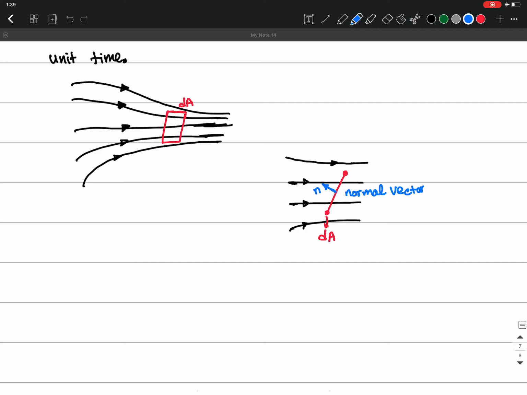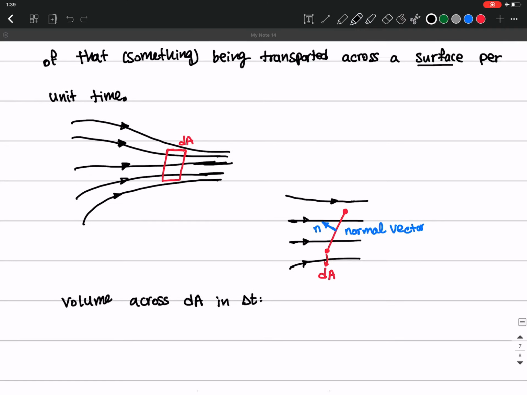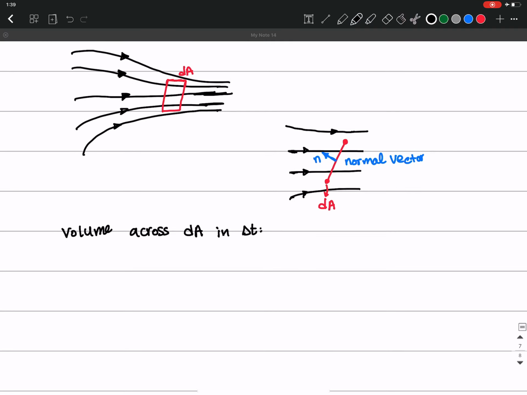Okay, so now we calculate the volume across dA in delta t. So I want to calculate how much of that something is being transported across dA in time delta t.